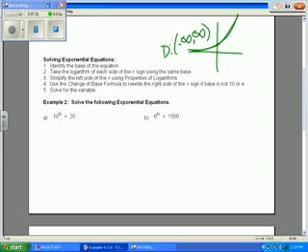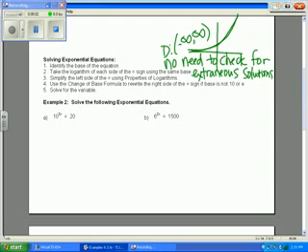So any answer is good as long as it's real. So am I going to have to check for extraneous solutions? No need to check for extraneous solutions, because anything's going to work as long as it's real. Okay, so that's what we're dealing with here.